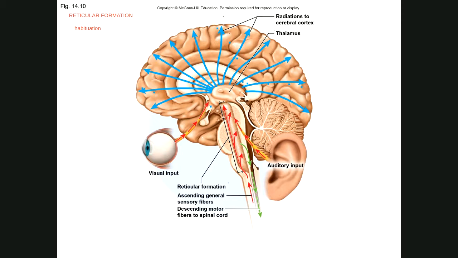Okay, so all sorts of stimuli can be ignored after a while of continuous stimulation. And it's ignored because of this process that is controlled by the reticular formation. Okay, so those are a few things here associated with the reticular formation, being able to ignore continuous repetitive stimuli and also pain.